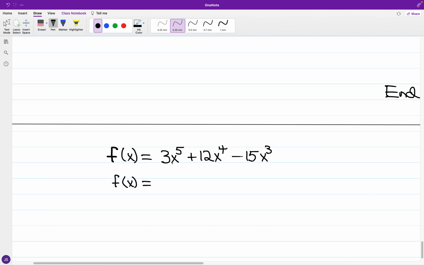So for 3x to the 5th, 12x to the 4th, and negative 15x cubed, the greatest common factor is 3 times x cubed. Factoring out 3x cubed, we have 3x cubed times x squared plus 4x minus 5.